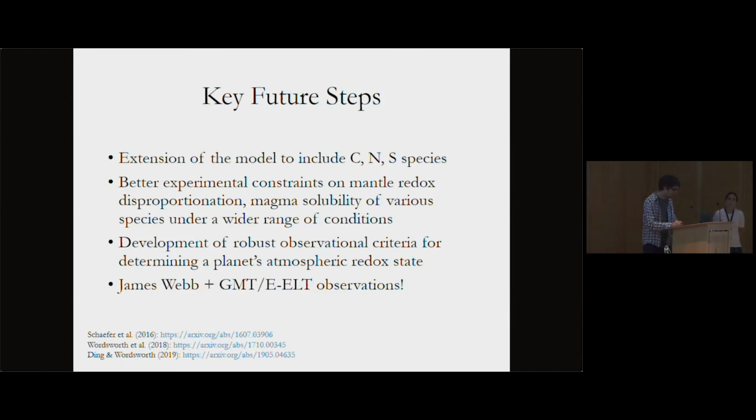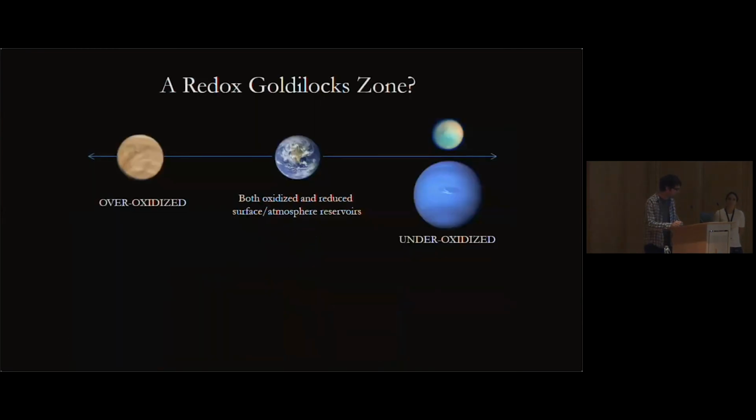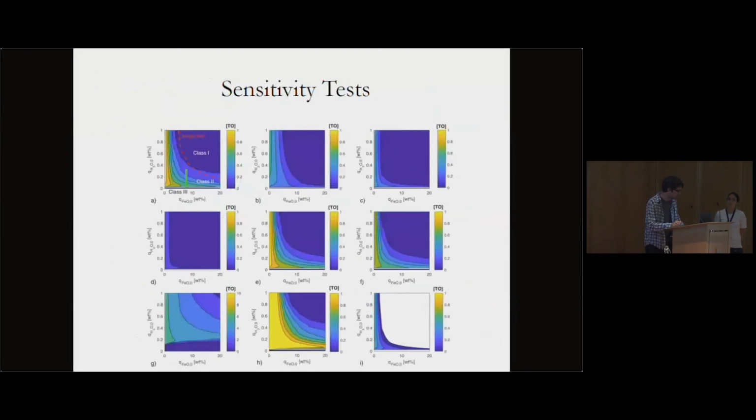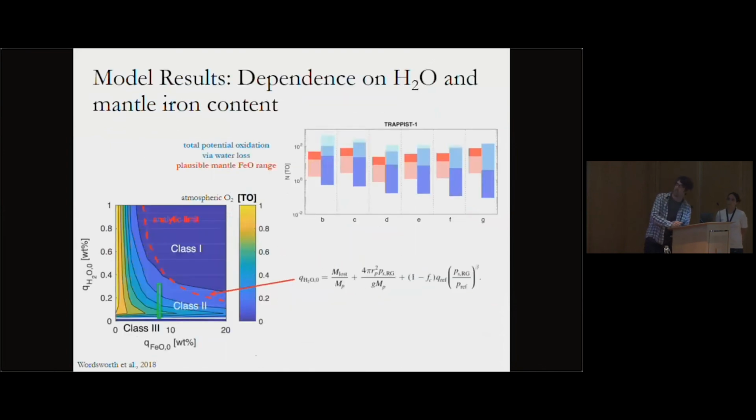And what the model is doing is really encapsulated in this equation here. You have the last period where the magma ocean is crystallizing, and you can approximate an integral over that period, and that's the point where the majority of the oxygen is building up.